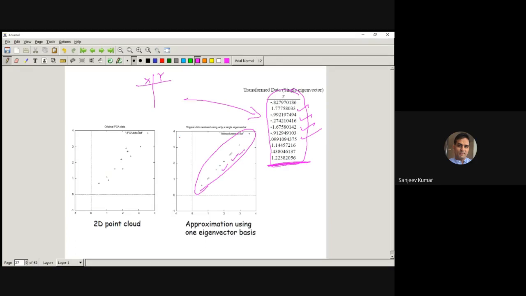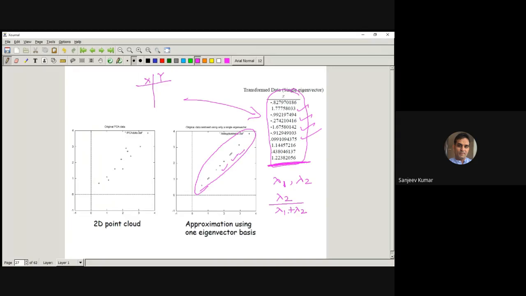Whenever we make this kind of representation, certainly we lose some information. In this problem, I got lambda 1 and lambda 2. So how much information am I preserving about the variability of my data? It is lambda 2 upon lambda 1 plus lambda 2.